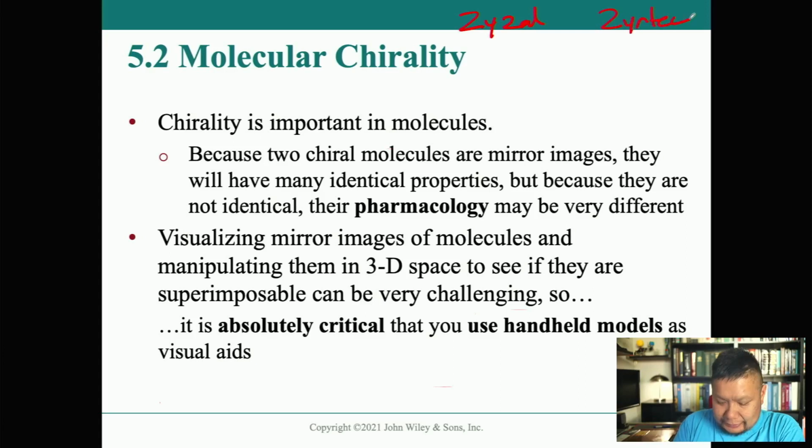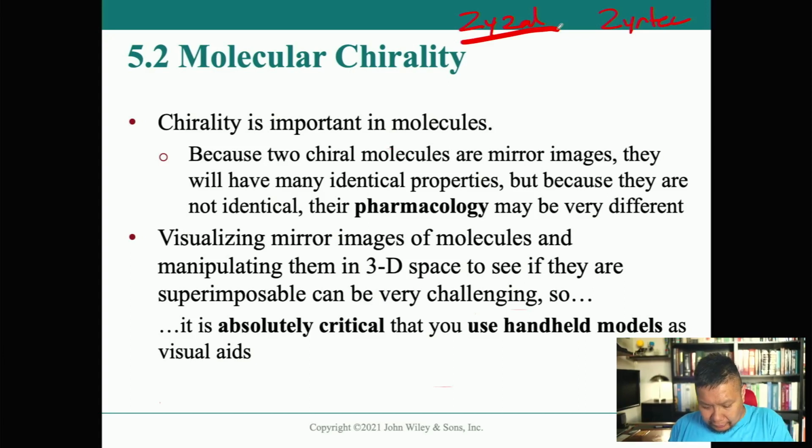Everybody knows what Zyrtec is. Whenever I take Zyrtec, it makes me super sleepy. But when I take Xyzal, it doesn't. The reason is that they both have very similar pharmacological effects, but they're only different by one tiny thing, which is what makes them stereoisomers.